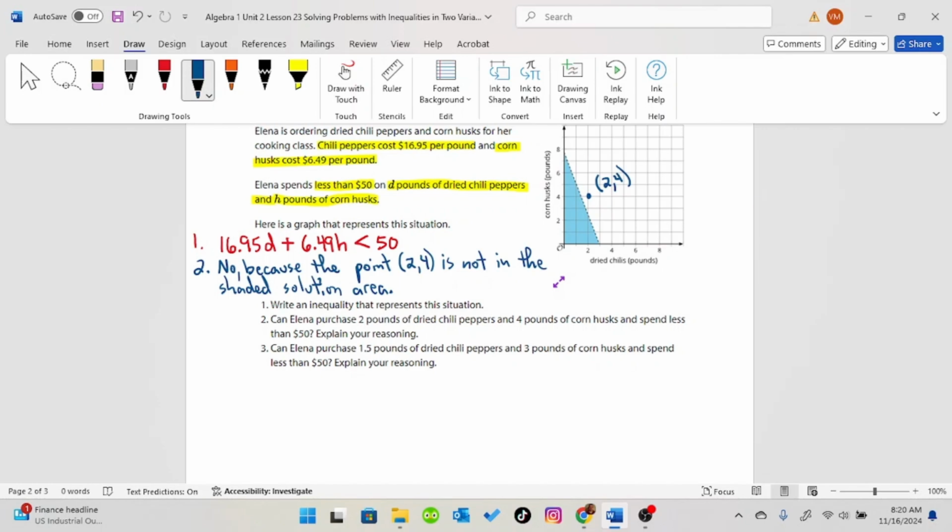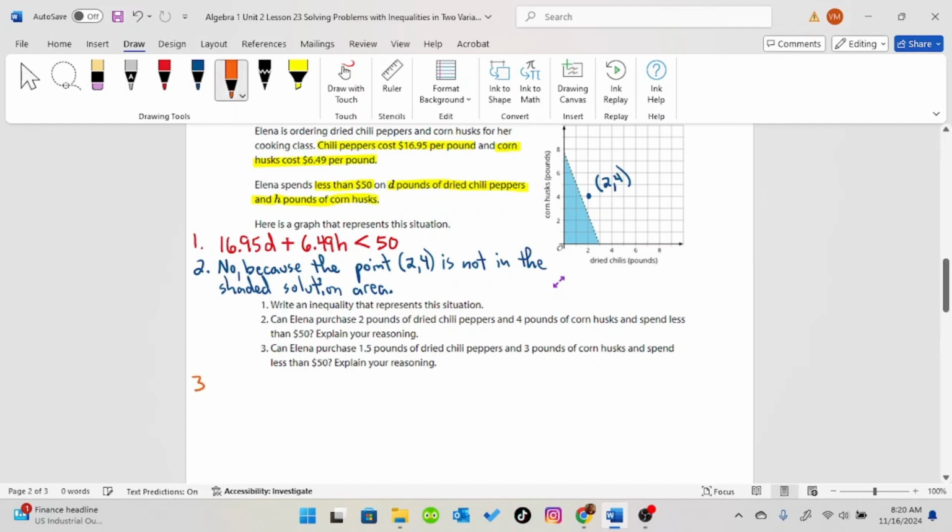The dashed line, acting as a boundary, tells us we are not accepting any points on the line because that would make it exactly $50. And all of the unshaded area would not be solutions because those combinations would cost more than $50.